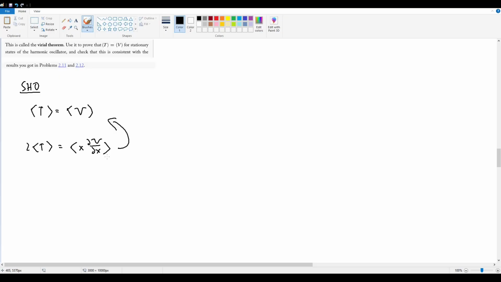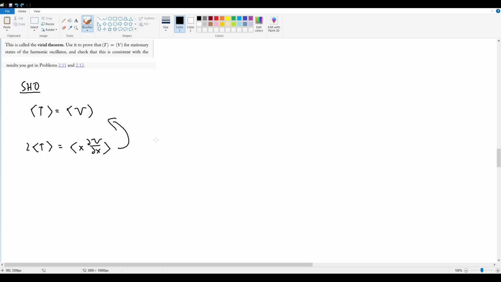What do we know about a simple harmonic oscillator? Do we know what the kinetic energy is? Because really we're working with two expressions, T and V, the kinetic energy and the potential energy of the simple harmonic oscillator. Here, somehow the potential energy is able to be expressed in terms of x.